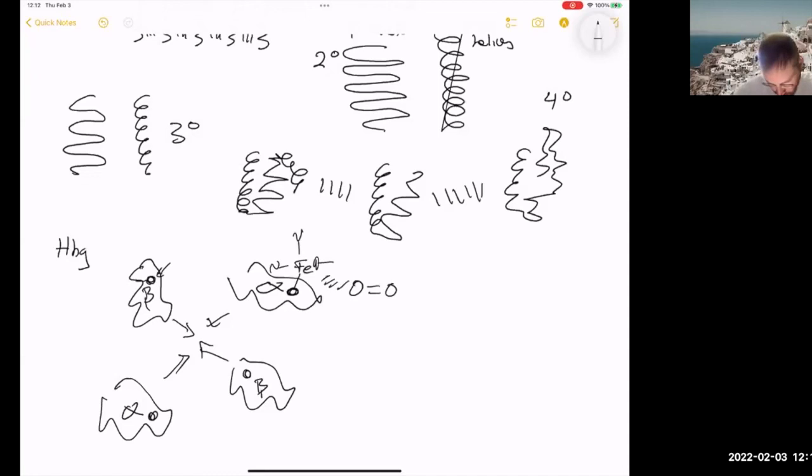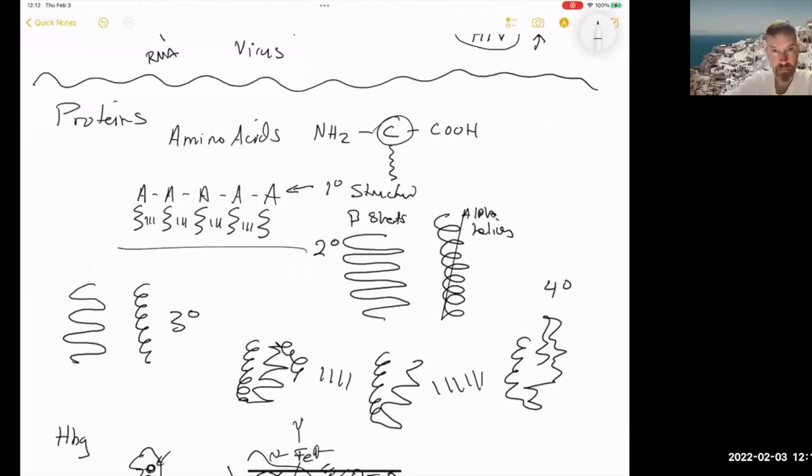So you can see you start off with a relatively simple structure, the primary structure, the peptide bonds, and then once that polypeptide gets long enough, it begins to fold in on itself and produce more complex levels of structure.